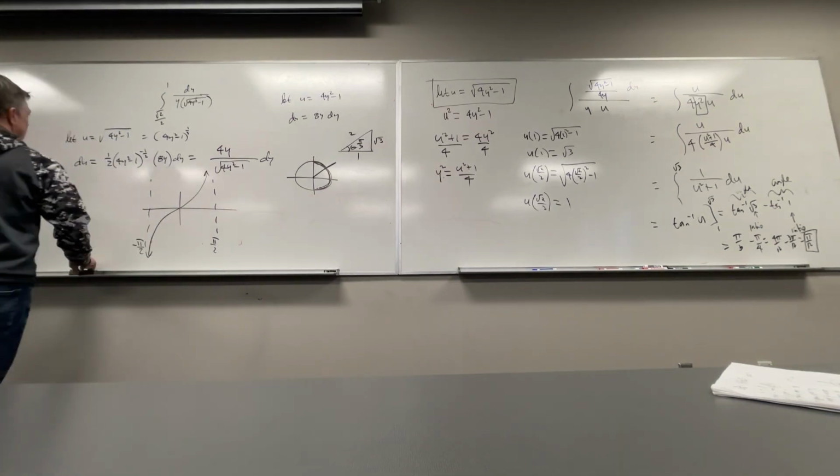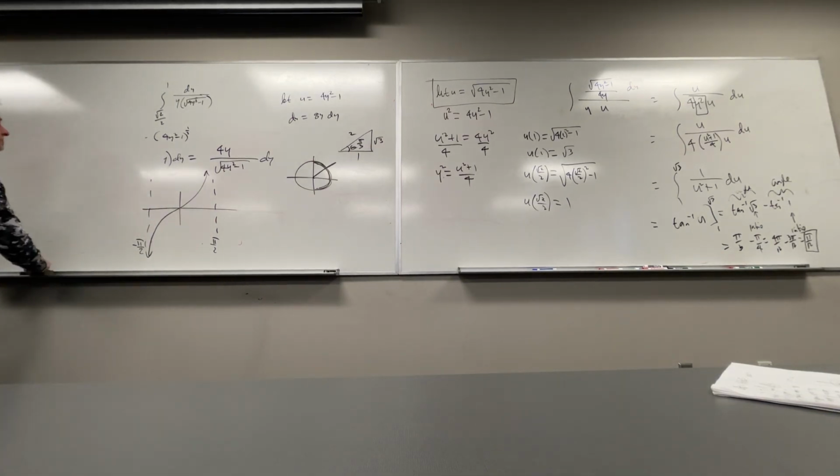X equals 24y squared minus 8y cubed. And then the other one is x equals 6y squared minus 18y.